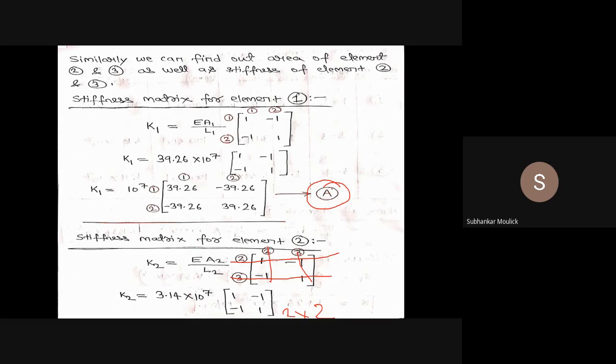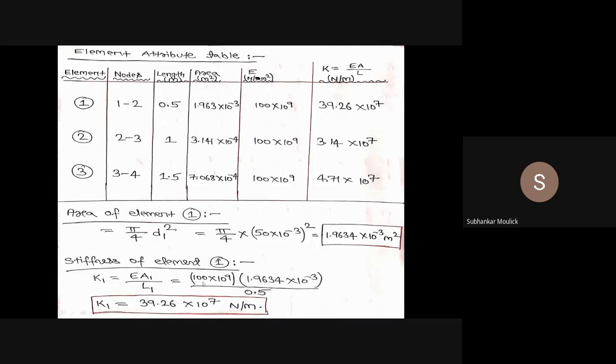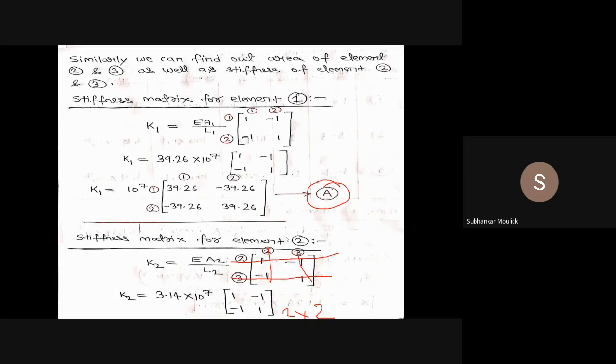So E into A2 by L2 for the second element is 3.14 into 10 to the power 7. Again, I have to multiply this 3.14 inside the bracket and keep 10 to the power 7 outside the matrix.